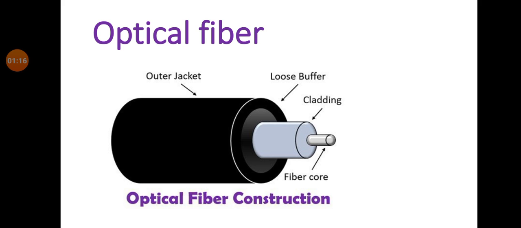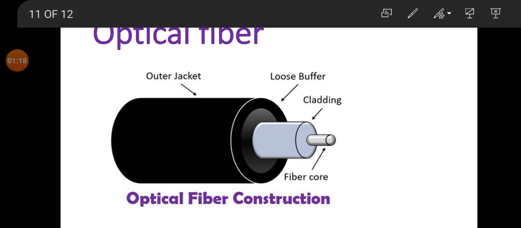Okay. So now what is optical fiber then? As shown in the figure, here you can see the fiber core. This complete fiber core is enclosed within an outer jacket, and that outer jacket is made up of plastic material.